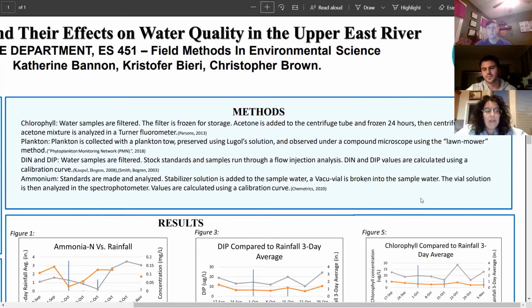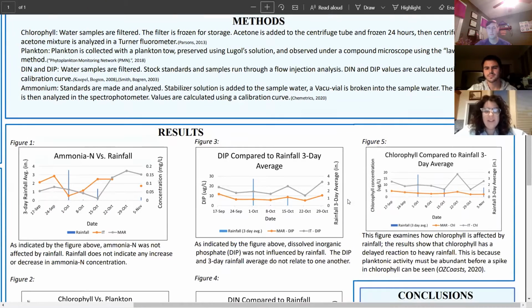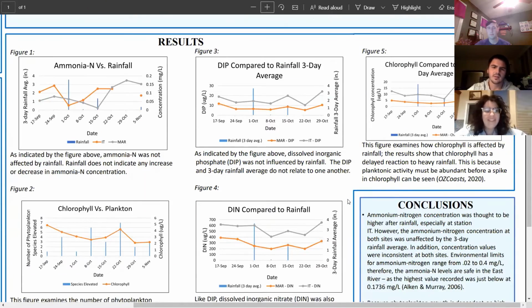For DIP and DIN, we filtered the water, and the filtrate was put in a flow injection analysis, and the DIP and DIN values were calculated. For ammonia, we used a vacuum vial specific for ammonia concentrate to test our water samples and put them in a spectrophotometer for reading. I'll pass it to Chris for the results.